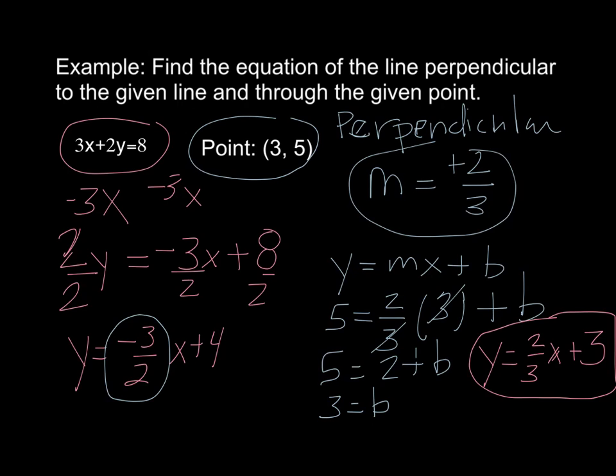First, put the equation in the standard form y equals mx plus b. Find your slope of that line, and then ask yourself, if you want to be parallel to that line, use the same slope, and if you want to be perpendicular to that line, as we did in this case, use the opposite reciprocal slope. And then do what you've done before using that slope and that point that are given.